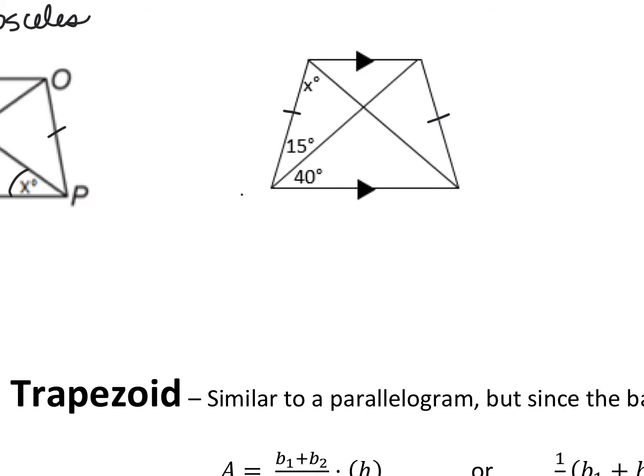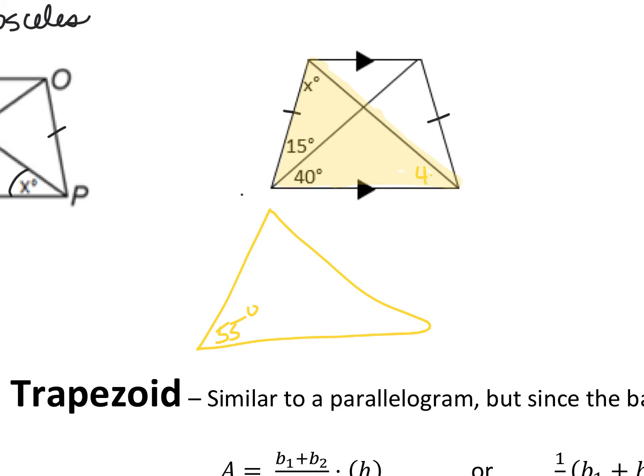I want you to notice this triangle right here, and so we'll be able to find that missing angle. If this is 15 plus 45, that would be a 55-degree angle here.